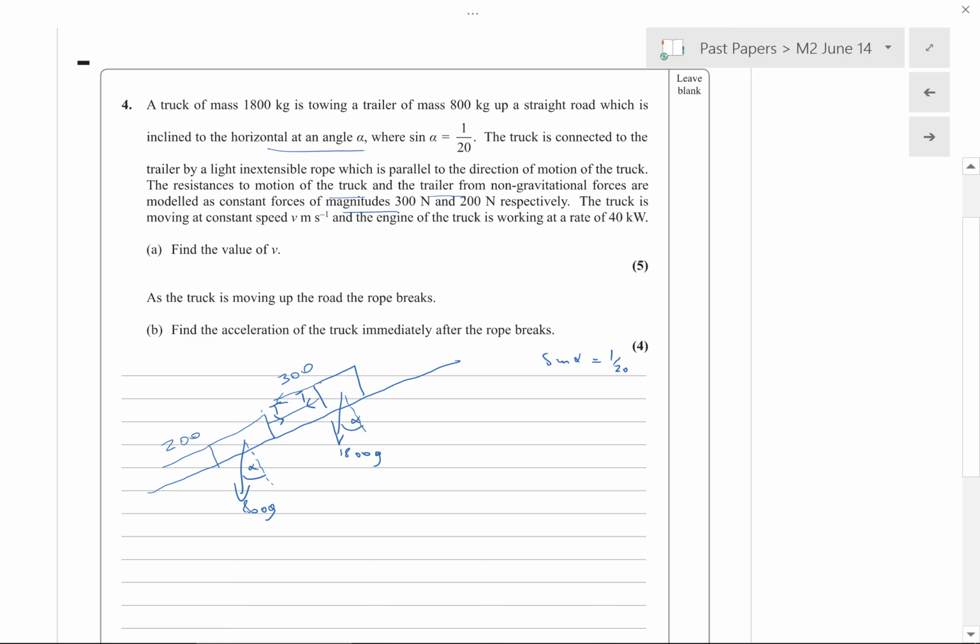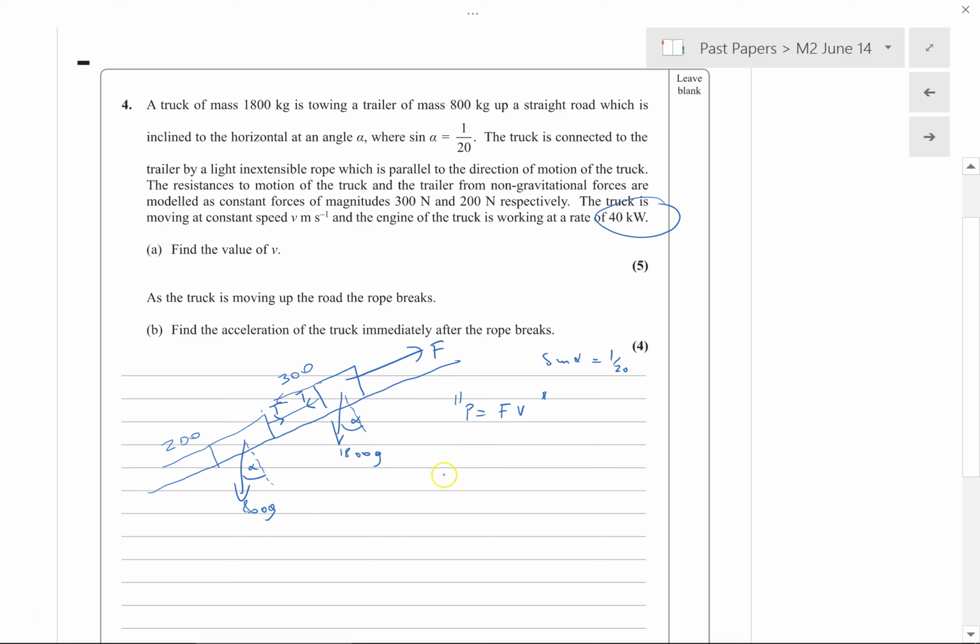And we're told the rate it's working in kilowatts, so we can use P equals FV to work out the driving force, because I've missed that out. So we've got the driving force.